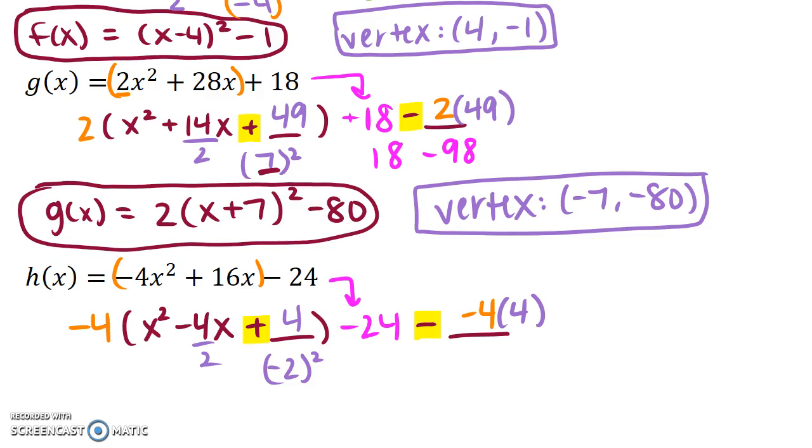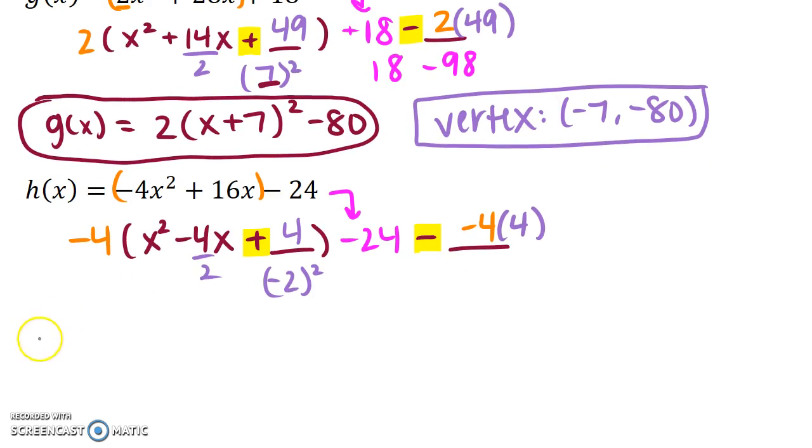So when you go to rewrite it, you have your h of x on the outside, negative 4. And how does this factor? What multiplies to be 4 adds to be negative 4? Well, that's negative 2 and negative 2, again from our blank, or when we divided by 2.